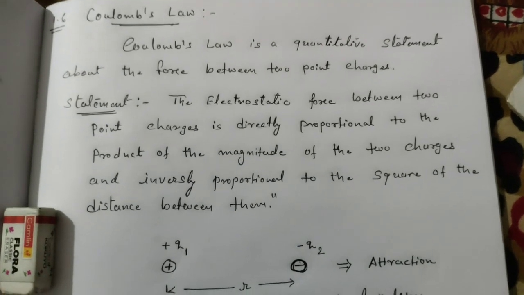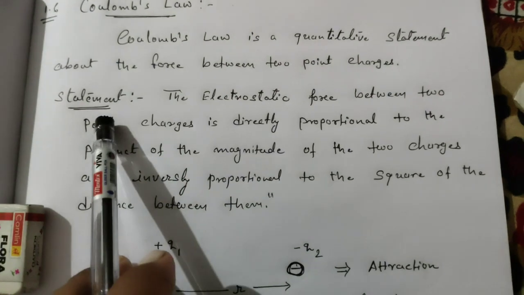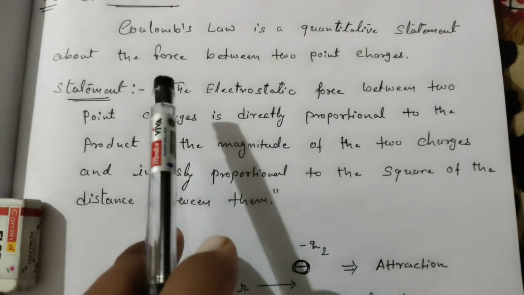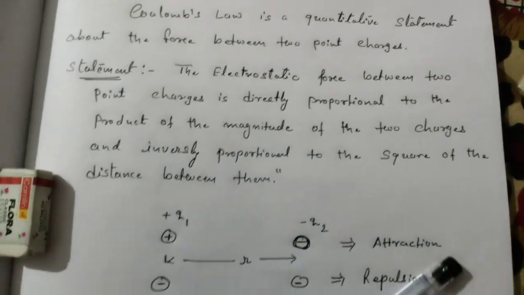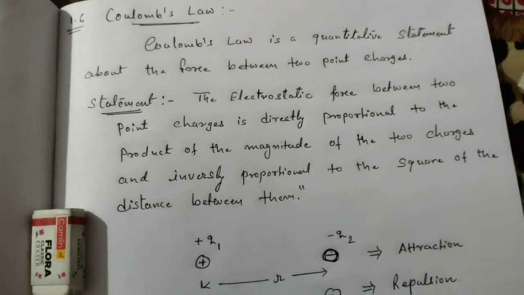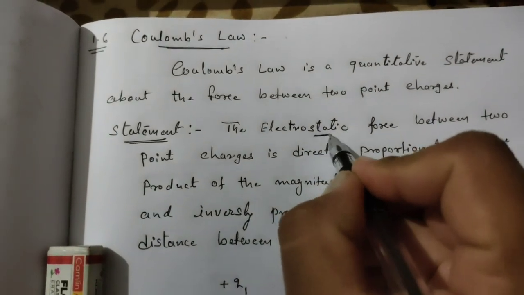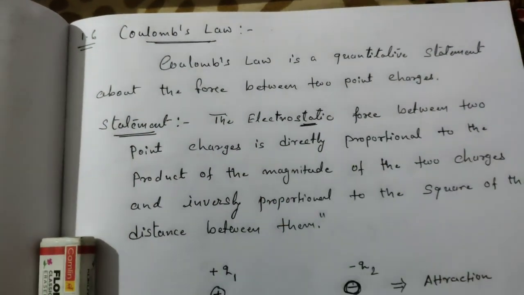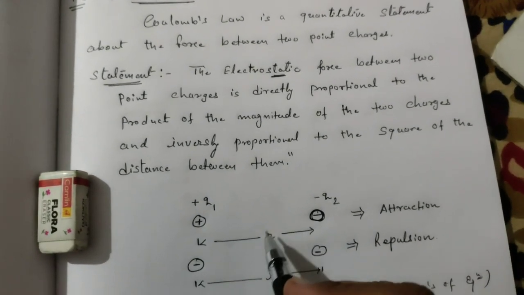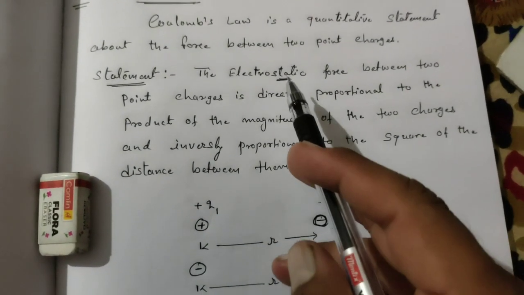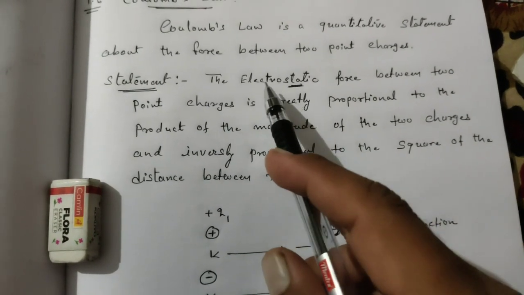Okay, so before we proceed, we have a statement. Let us see that statement first. The electric force, here I mentioned the word electrostatic, because these two charges are at rest. So remember, the word static is important in this definition.